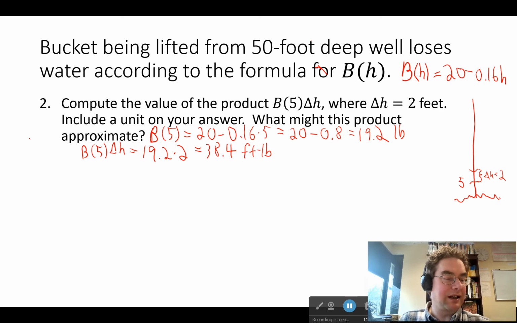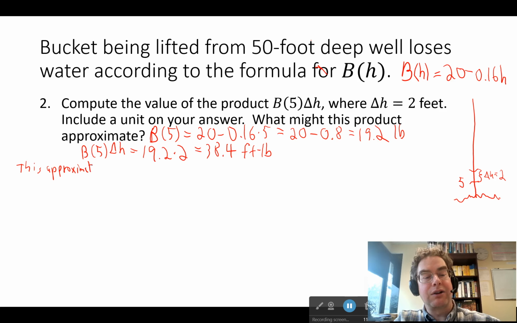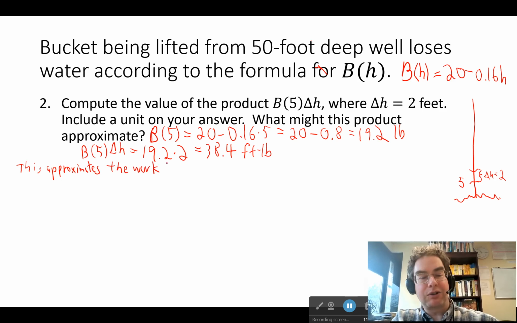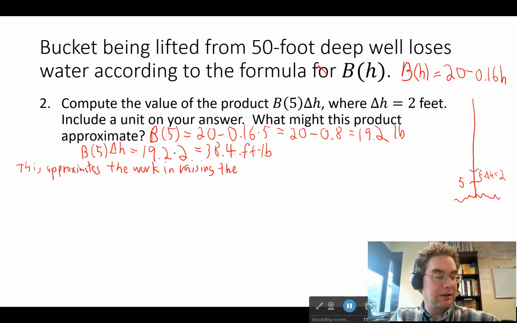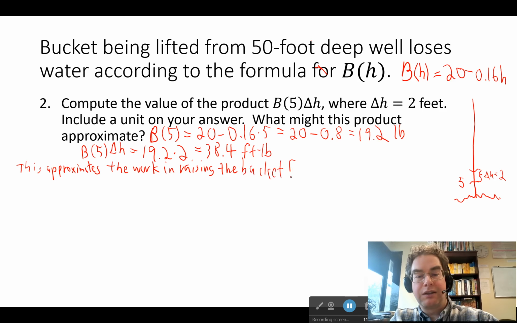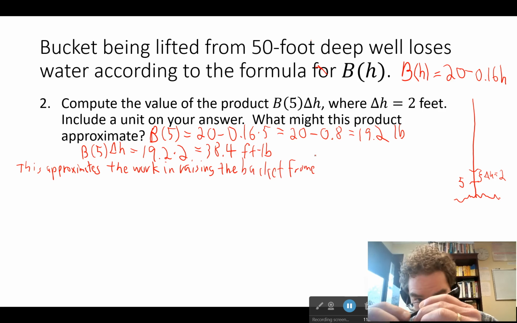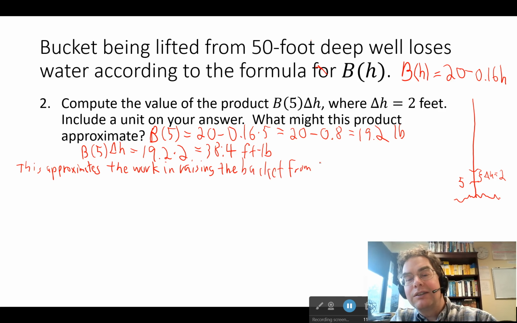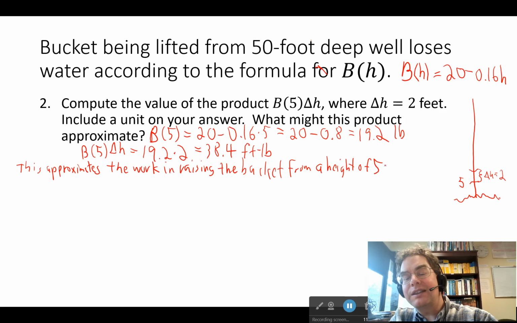So we could say that this represents, or this approximates, the work in raising the bucket from a height of 5 feet to 7 feet.